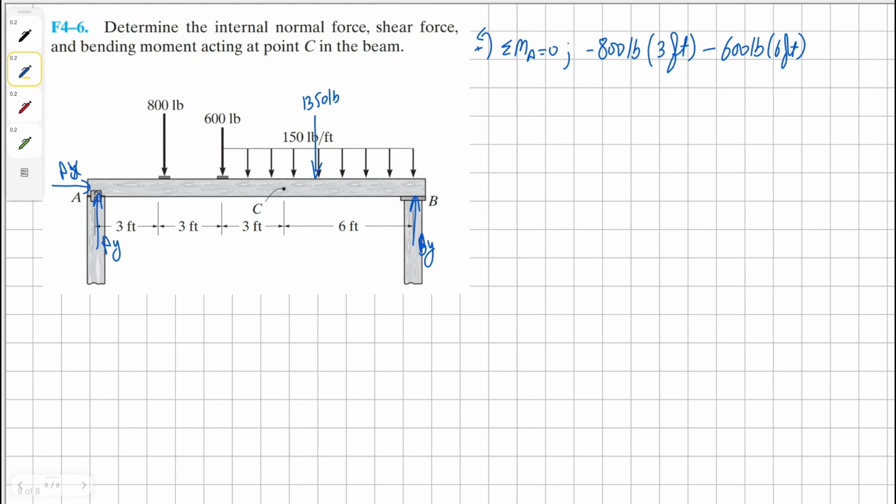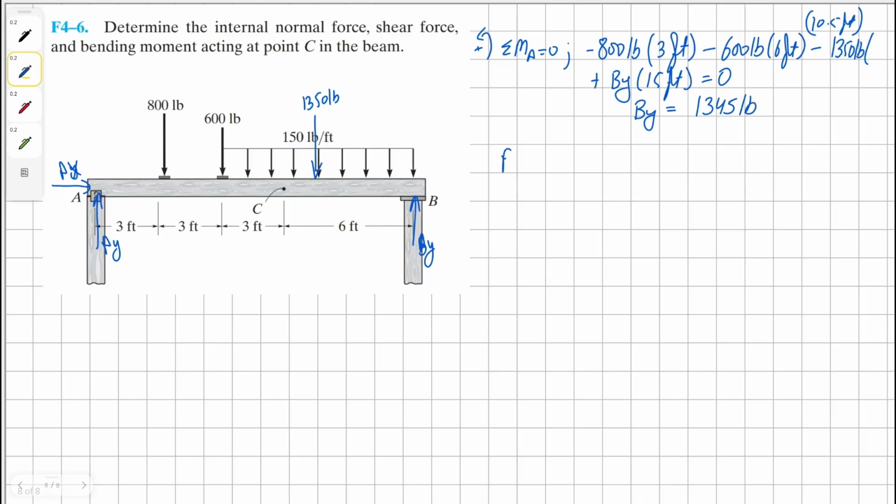Then we have our point load, which is clockwise, and it's 1350 pounds, and it is approximately 10.5 feet away. And finally we have our Py, which is counterclockwise, 15 feet away. All of this is equal to 0. Solving for Py, we get our solution as positive 1345 pounds.